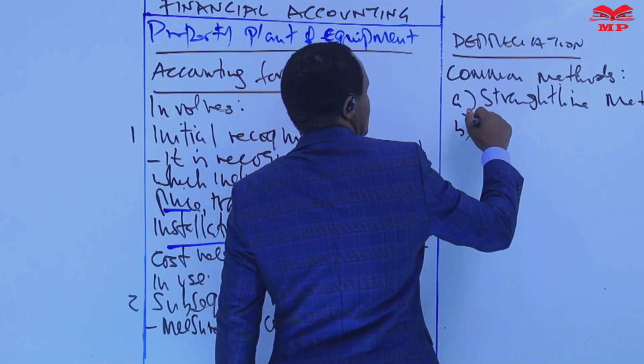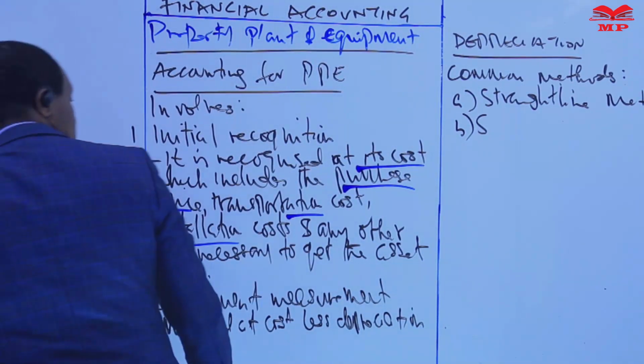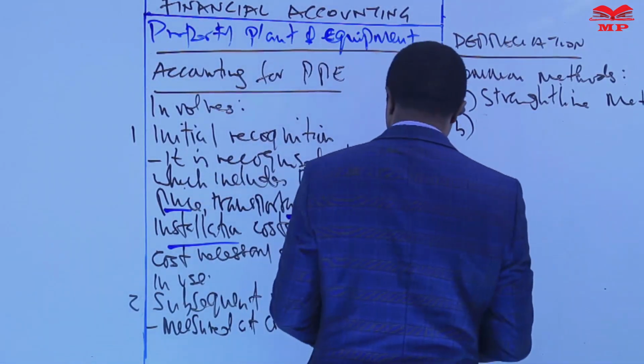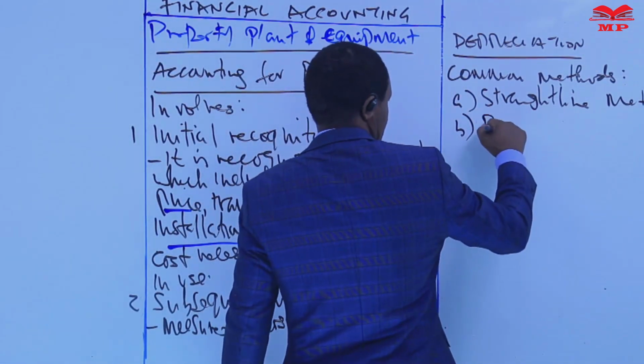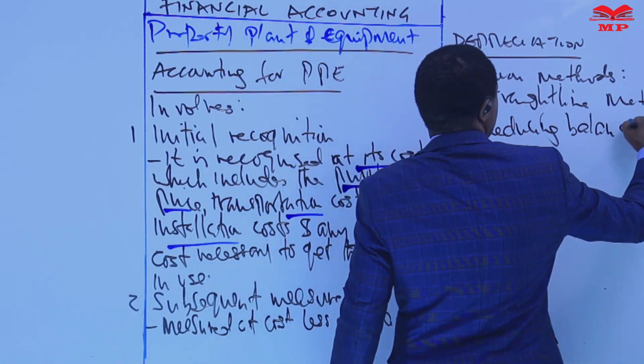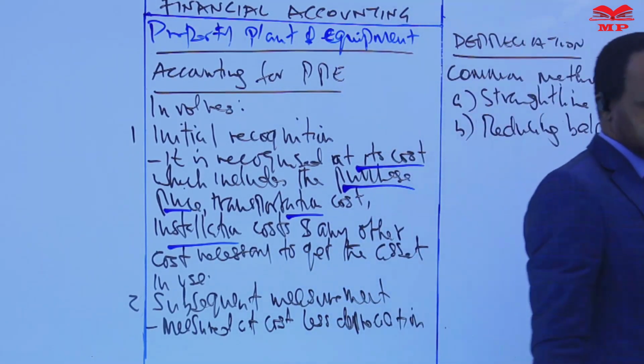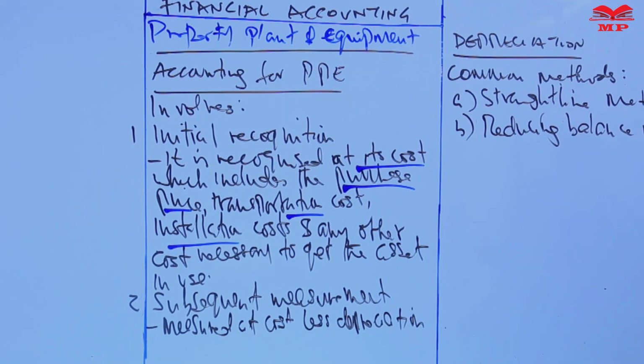Number two is the reducing balance method, or declining balance method. So there are many other methods, but we will only discuss the two. Straight line method is one common method that we use to determine depreciation of fixed assets.